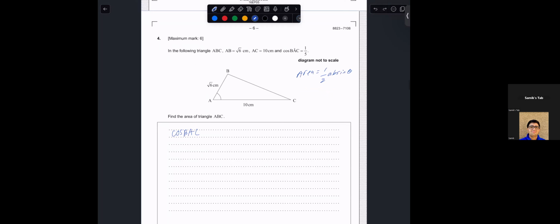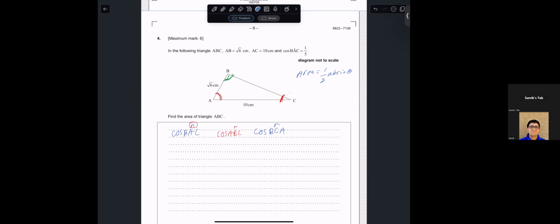What this means is that it's the angle at A. If I were to write cos ABC, then the angle would be over here. Whatever is in the middle is always where the angle is. If I was given cos BCA, I would be drawing it over here. This would be where the angle is.